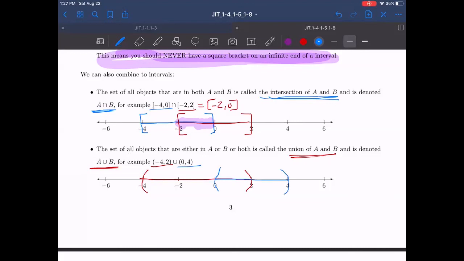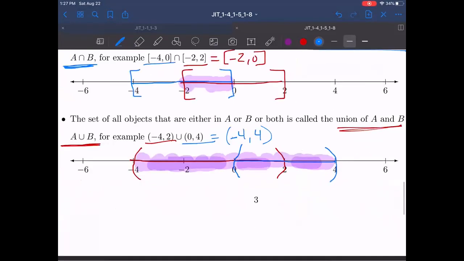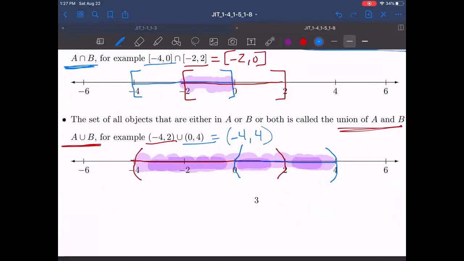So the union is anything in this, so it's either in A, or in B, or in both. Our union is everything from -4 to +4, not including our endpoints. Now, something to think about.